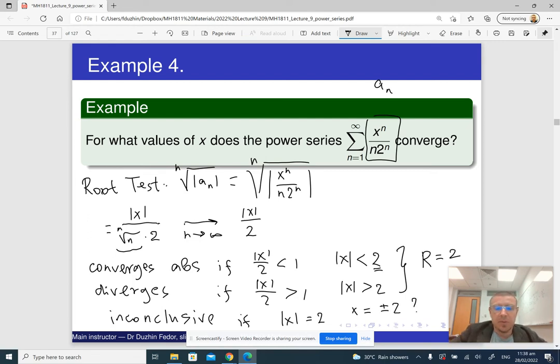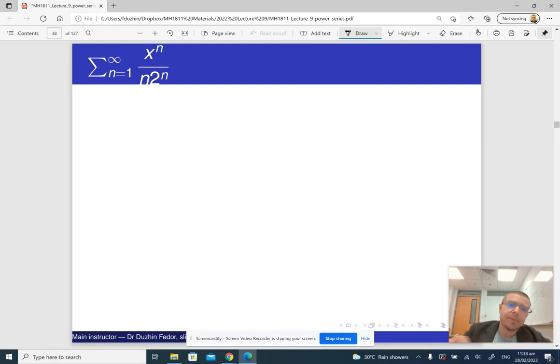Right? So to determine the interval of convergence, it remains to check what happens when x is plus or minus 2. So when x is 2, and when x is minus 2. Okay, if x is 2, we just substitute 2 for x.